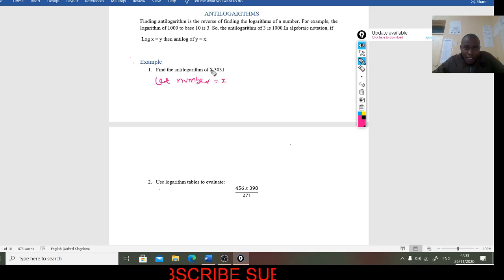remember this is 10 to the power of -2, then times. First of all, remember this was 10 to the power of -2 because when you are coming to get these characteristics, you took this to be power 2, then point.